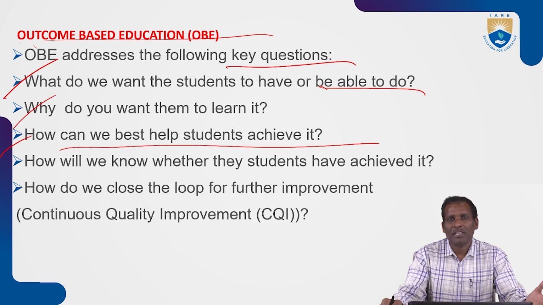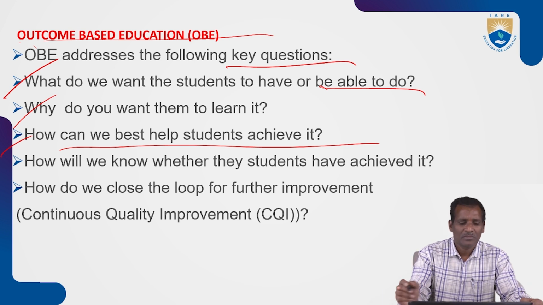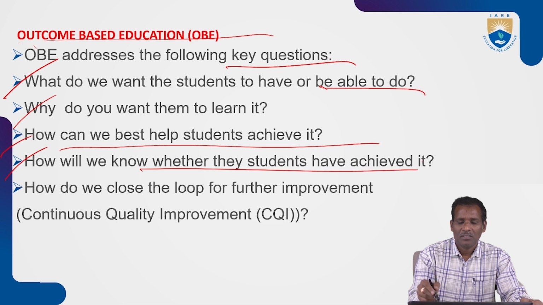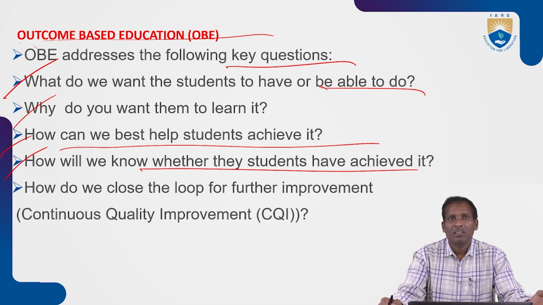If any CO is not achieved, how can we best help the students to achieve their goals? How will we know whether the students have achieved or not? We should know whether the students reached it or not.